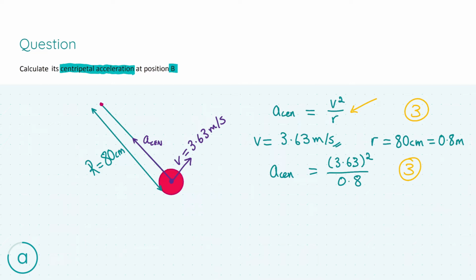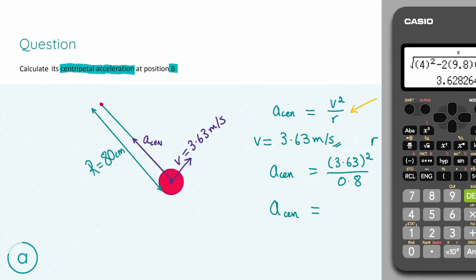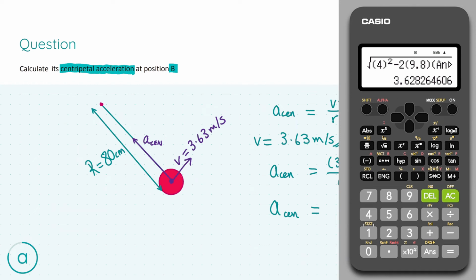So, what is this centripetal acceleration? Well, in fact, from our last question, we had as our final figure the velocity at position B. So naturally that's going to be stored as an answer in our calculator, very handily. Just putting in the answer squared, it's going to give us as accurate an answer as possible.